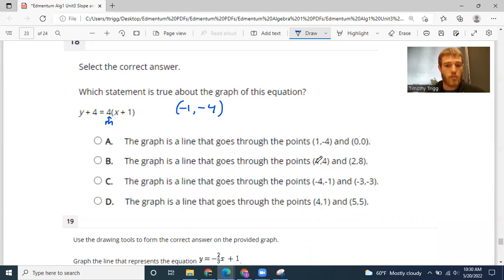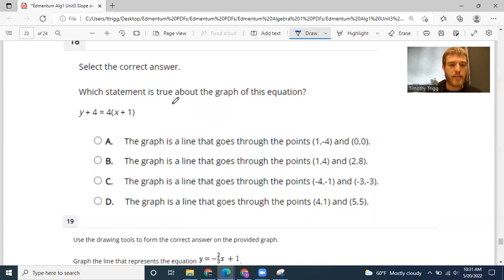None of these tells me that. So one thing we can do is we can go ahead and use some of these coordinate points to help us out. So this one says it goes through the point 1, comma -4.